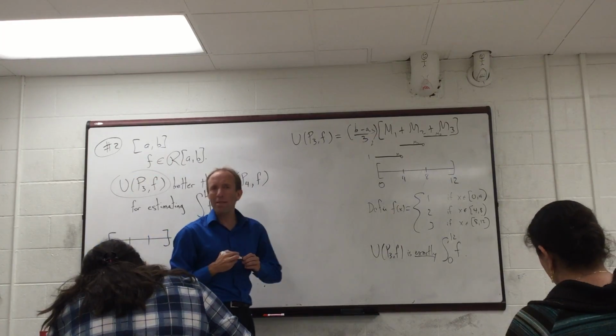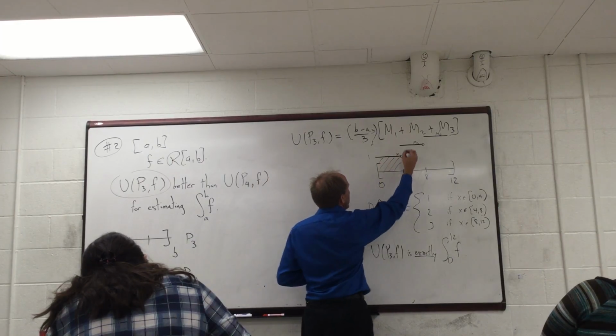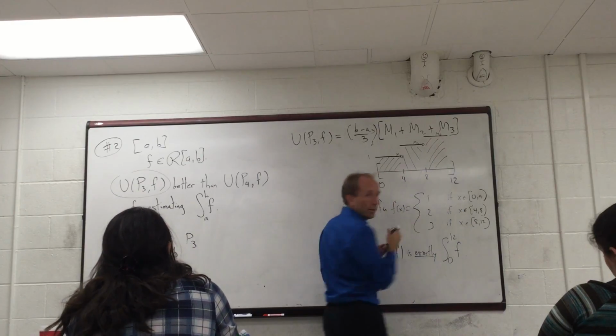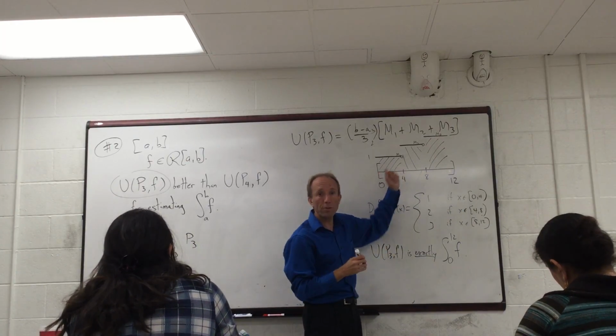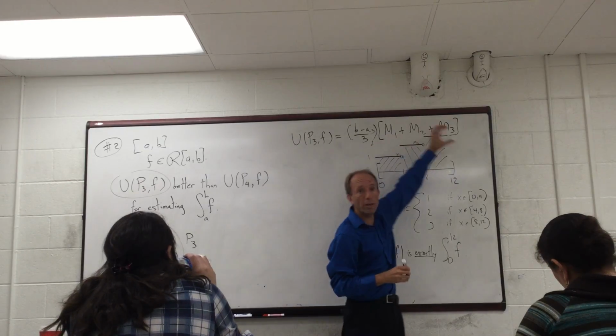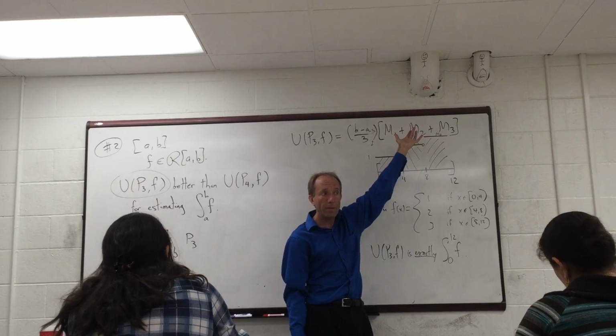Because we know what the exact right value is. It is this area plus this area plus this area, right? That's just 3 rectangles. They each have a width of 4, and the heights are M1, M2, and M3. So it's exactly this expression up here, right?